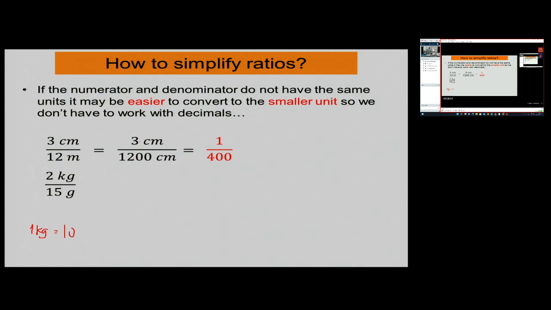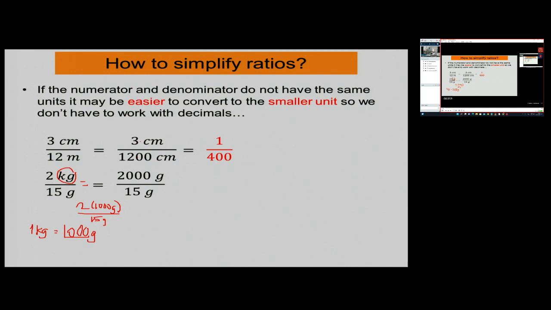So, if 1 kilogram is 1,000 grams, then this kilogram will be grams. So that would be 2 times 1,000 grams over 15 grams. Okay, and so you will have 2,000 grams over 15 grams.